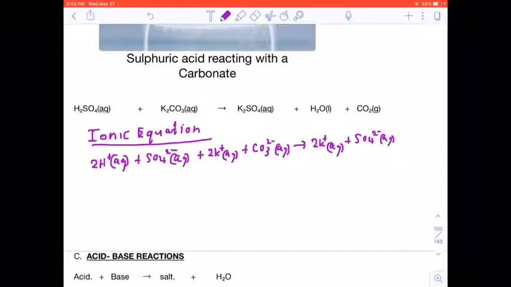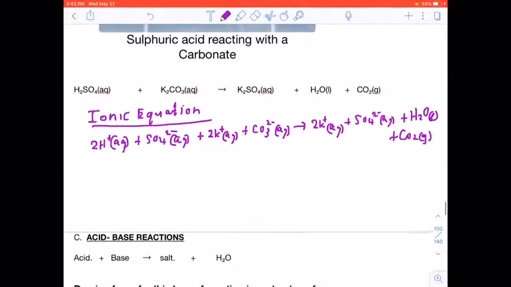Then plus H2O, it's a liquid, and it's a molecular substance, so it doesn't break up. And then we have plus CO2, which is a gas, also a molecular substance, right? So it doesn't break up into ions.